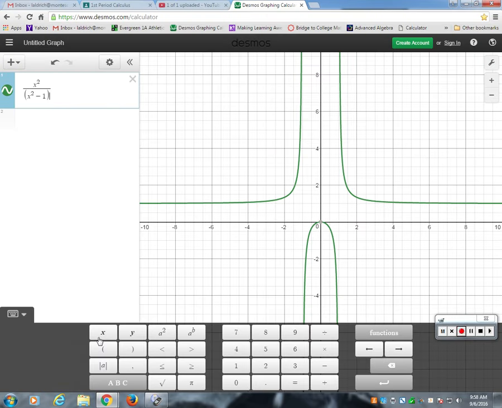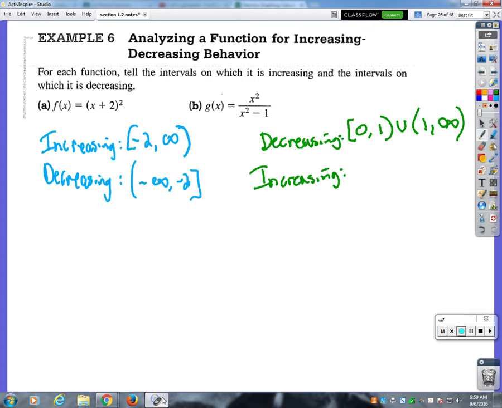That's increasing from negative infinity to negative 1, right? And then from negative 1 to 0. No, it stops increasing right here. So it's kind of the opposite of the other one. So it's increasing from negative infinity to negative 1, and then from negative 1 to 0.